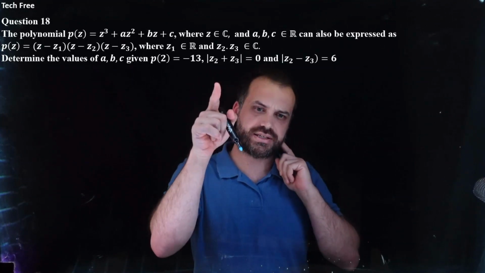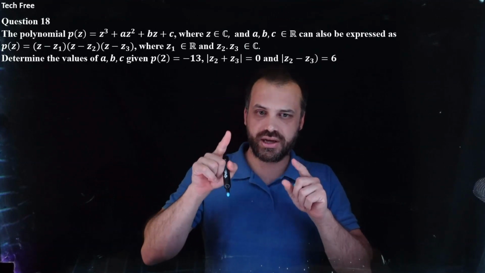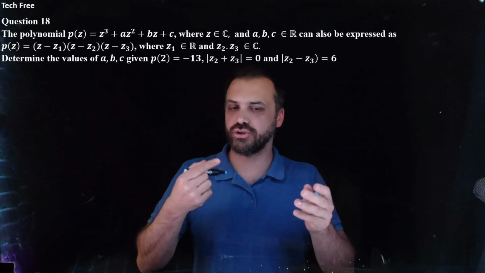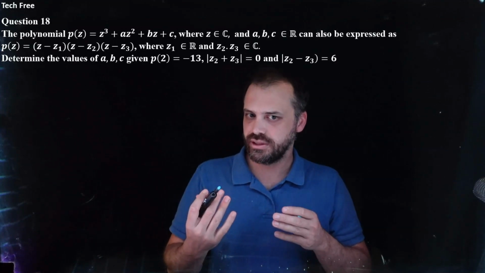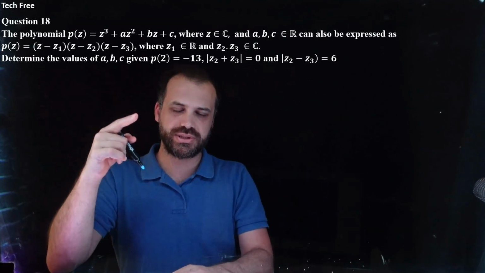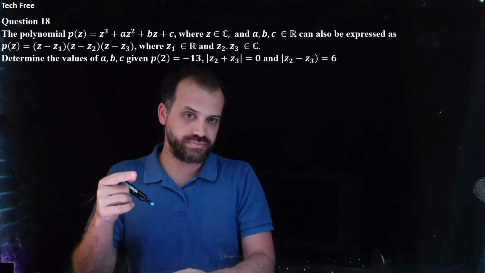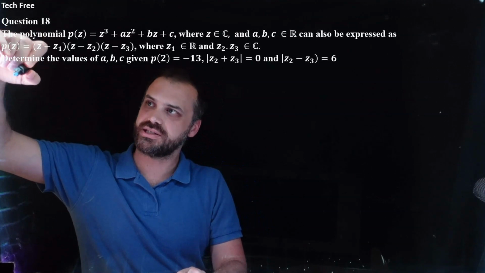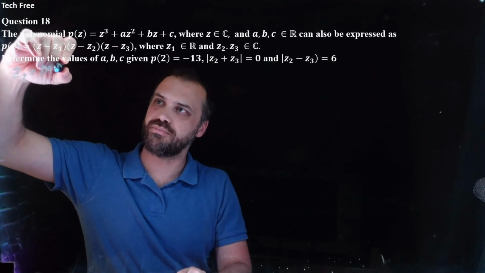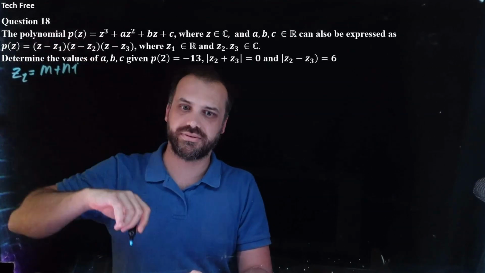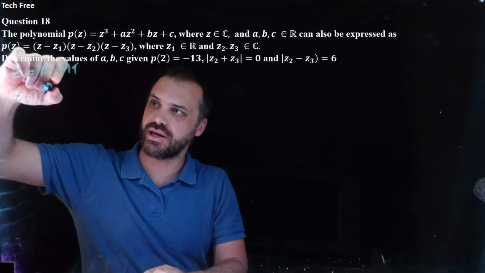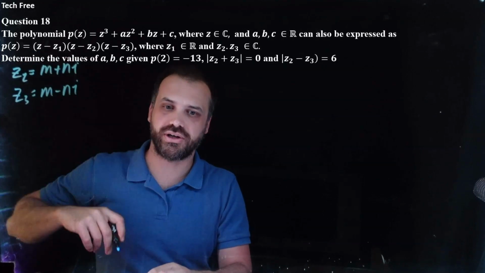Okay, I think these look interesting to me. The reason I say these look interesting is because they're the complex roots. And like I said earlier, we know that the conjugate root theorem's in play. So that means that z2 and z3 are related to each other. I don't know what they are, but I can say that z2 is equal to m plus ni, right? And I could say that z3 is equal to m minus ni.